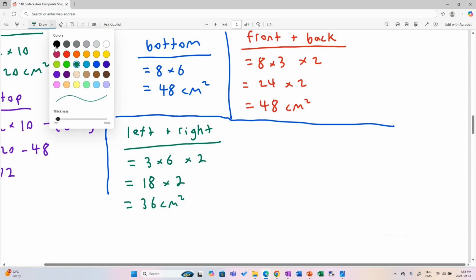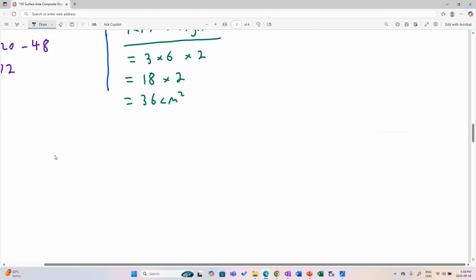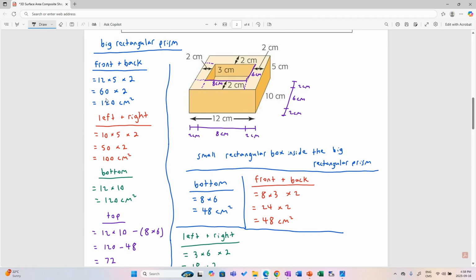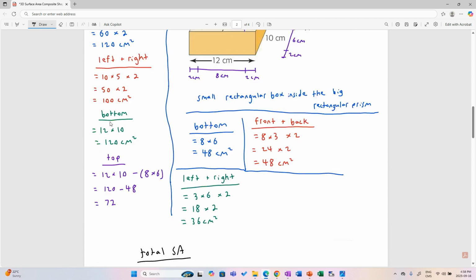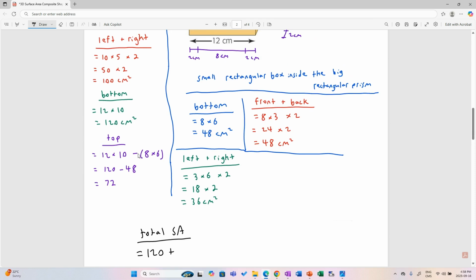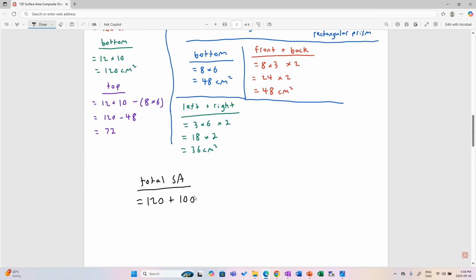And now I find the total. Total surface area is when I just simply add everything together. Let's zoom out a little bit here. We'll start from the big rectangular prism. For the front and back of the big rectangular prism, I have 120. I'm going to add it to the left and the right side of that big rectangular prism. I'll add it to the bottom of the big rectangular prism.